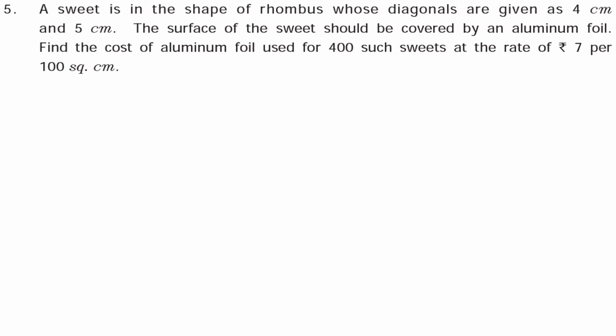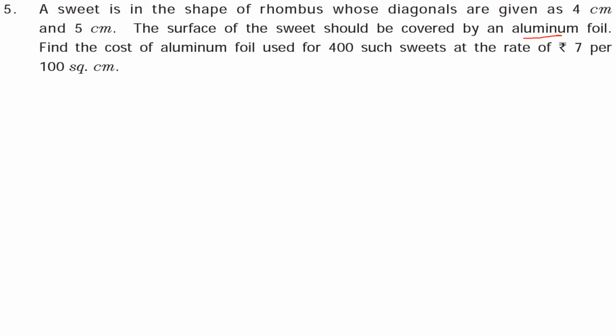So it is in the shape of a rhombus whose diagonals are given as 4 centimeter and 5 centimeter. The surface of the sweet should be covered by an aluminium foil. Find the cost of aluminium foil used for 400 such sweets at the rate of ₹7 per 100 square centimeter.